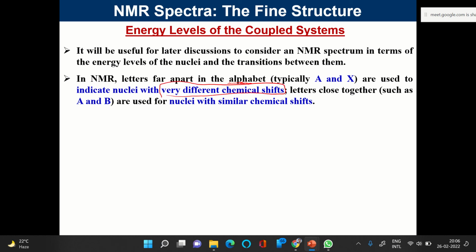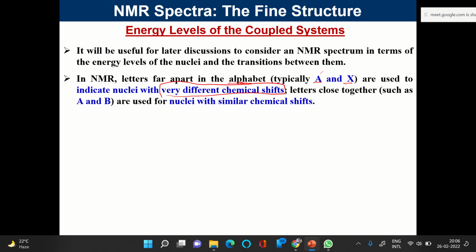Then we use the terms A and X, because the letters A and X are well separated in the alphabet. So if two nuclei have very different chemical shift values, we use the terms A and X in that context.